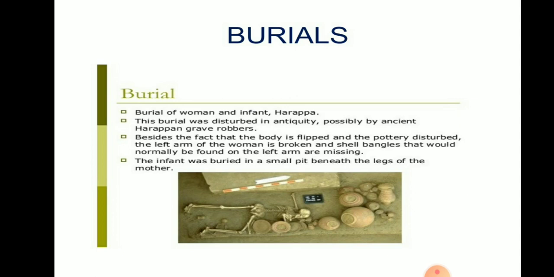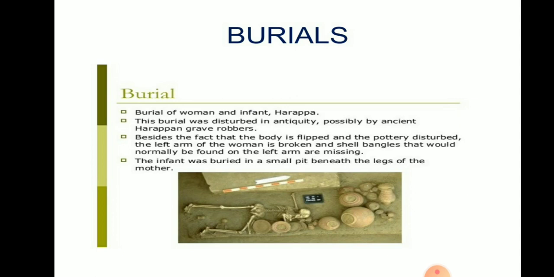This burial was disturbed in antiquity, possibly by ancient Harappan grave robbers. Besides the fact that the body is flexed and the pottery disturbed, the left arm of the woman is broken and the shell bangles that would normally be found on the left arm are missing. So that's proof that this was disturbed by robbers. The infant was buried in a small pit beneath the legs of the mother.